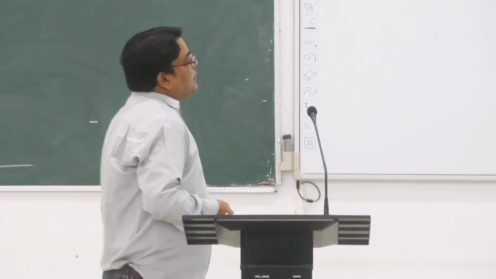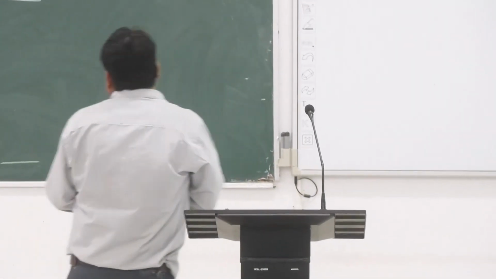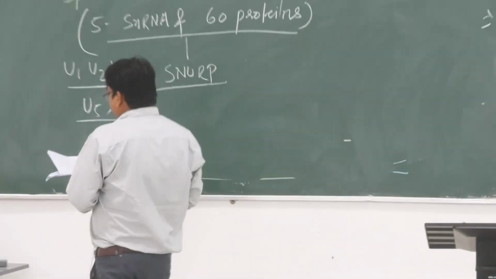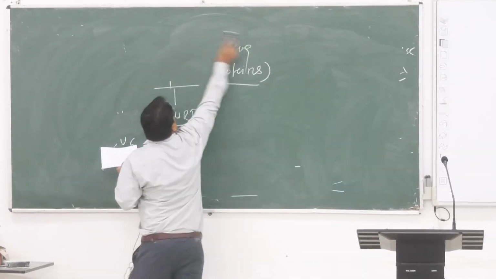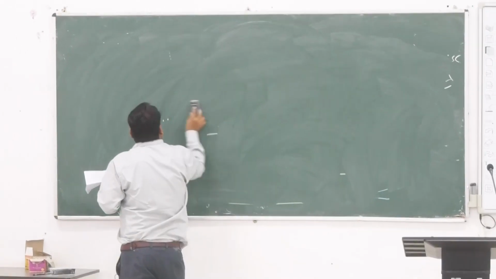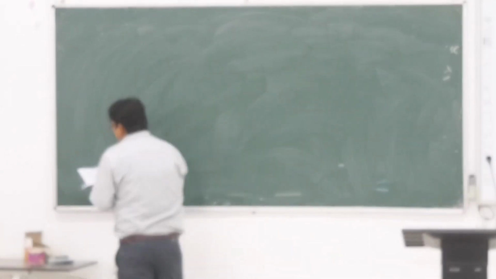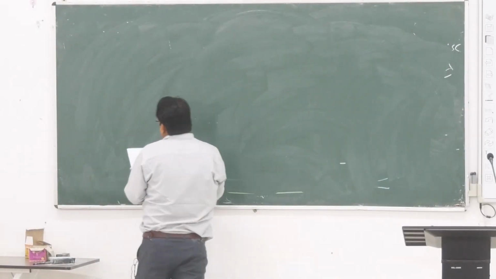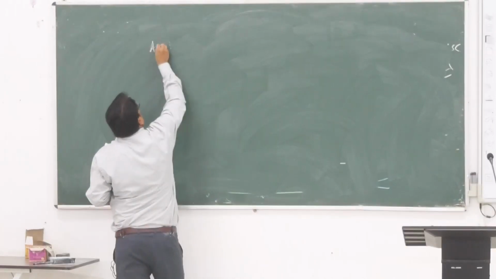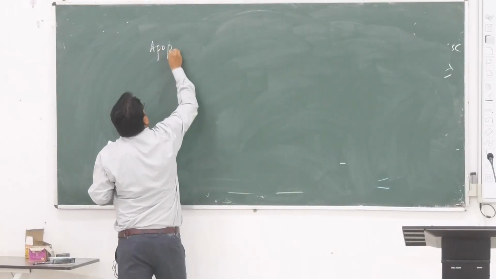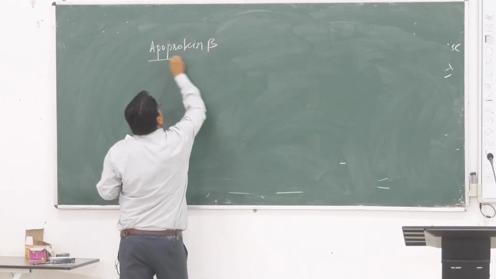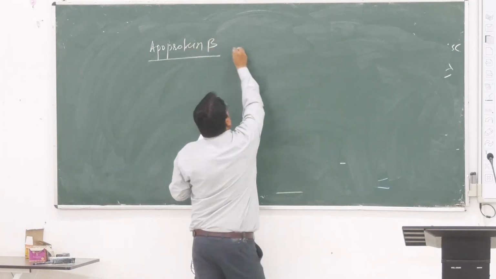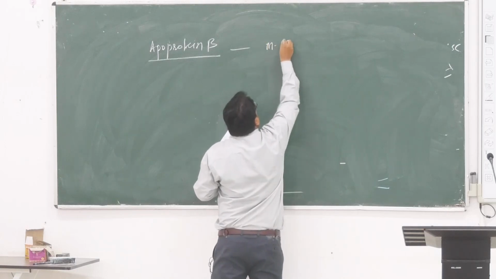Now we understand these things. There are two kinds of protein we call apoprotein B, from the apoprotein B gene with its mRNA editing.